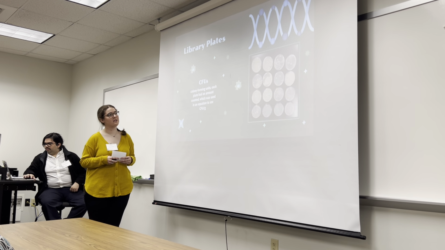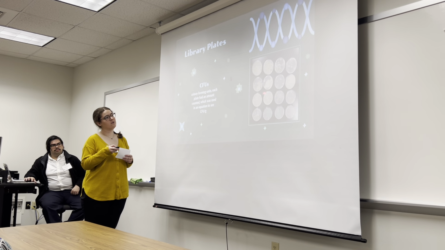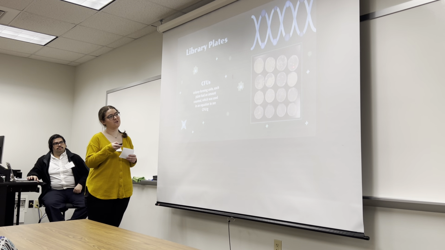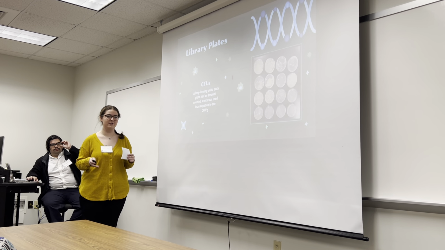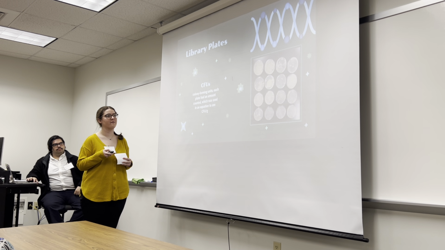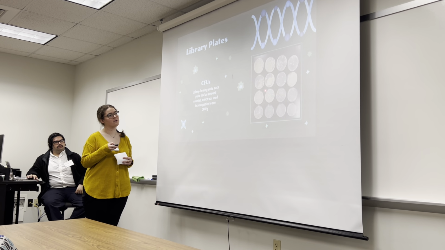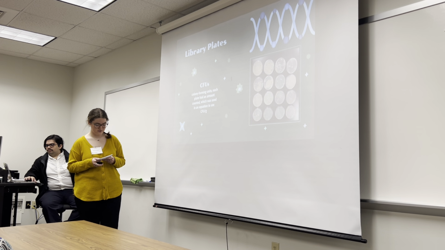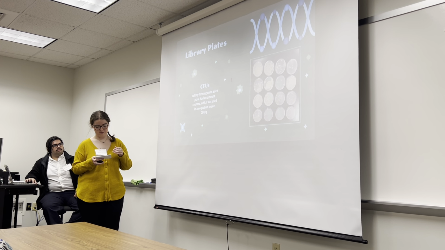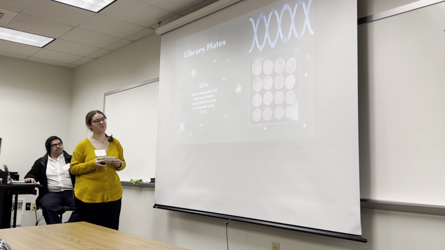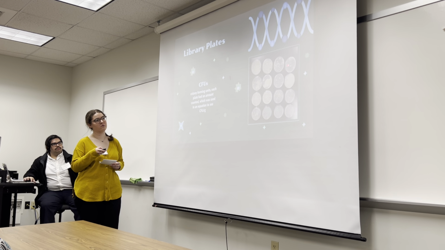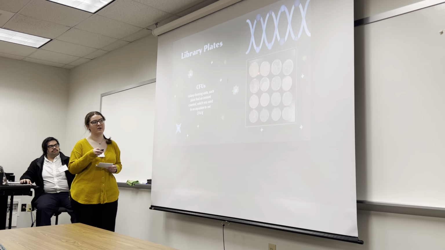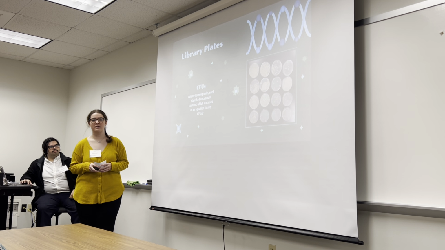So then I made my library plates, which you can see right here. With the dilution factors going lower, there's less bacteria, which is what we were hoping for. However, some of them have plates that just kind of go all over the place. I made 16 library plates, 1 for each dilution, being dilution 1, 2, 3, and 4, and each was 1 soil sample and 1 light factor.